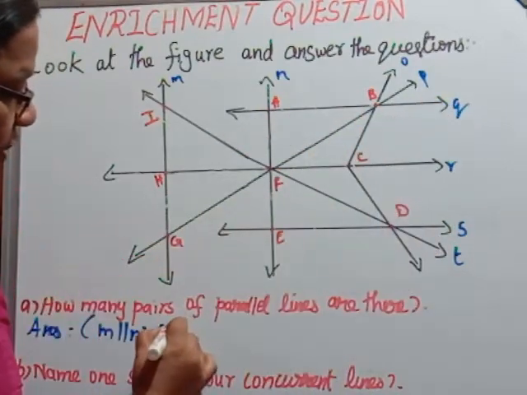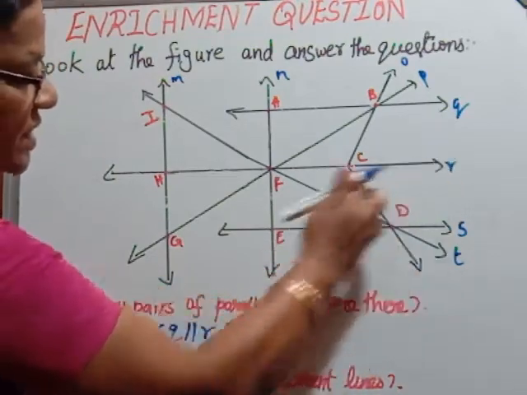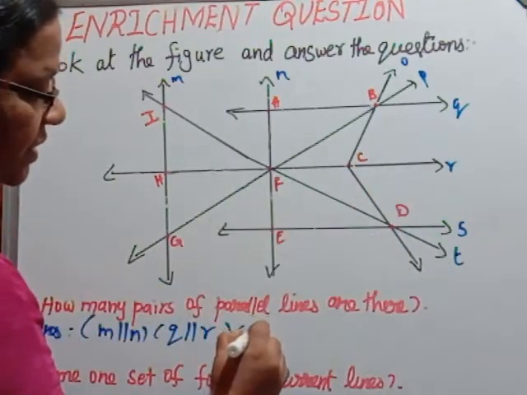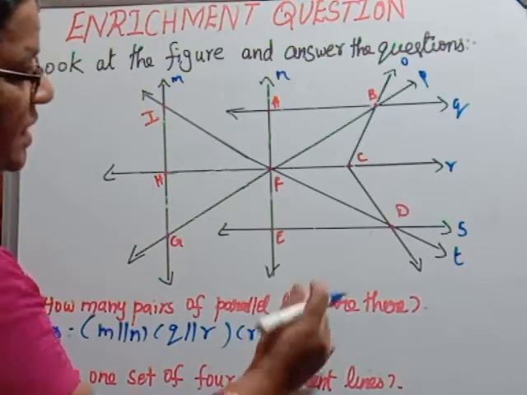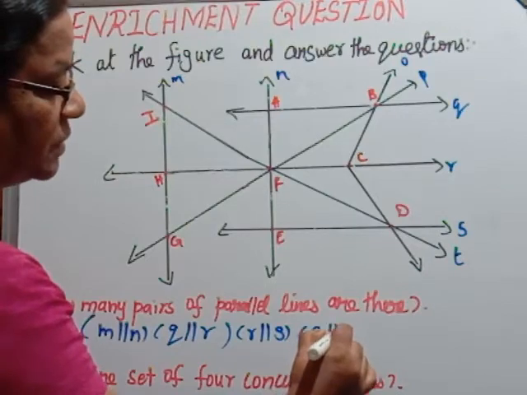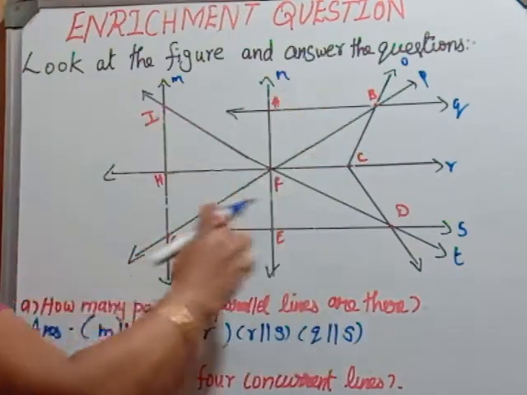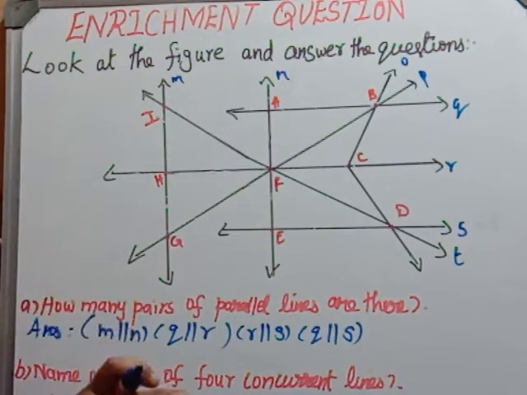That is, line Q is parallel to R. Now, R is parallel to S. Now, Q is parallel to S. But in your textbook, they considered only the capital letters as lines. So, according to that, they answered. Our answer is a little bit different, but according to the figure, it's correct.